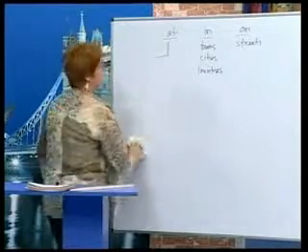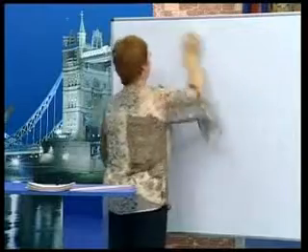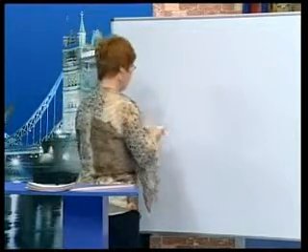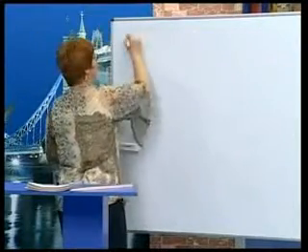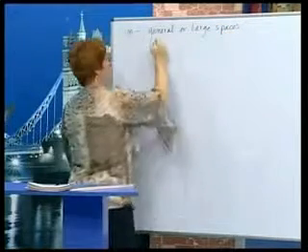Now, let's look at some examples of sentences with these prepositions. Now, we're going to do in. Now remember, in is for general or large spaces. And here are some examples.